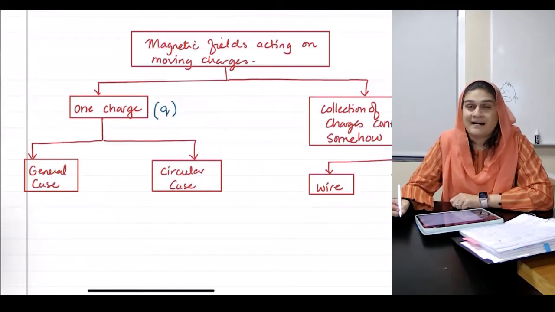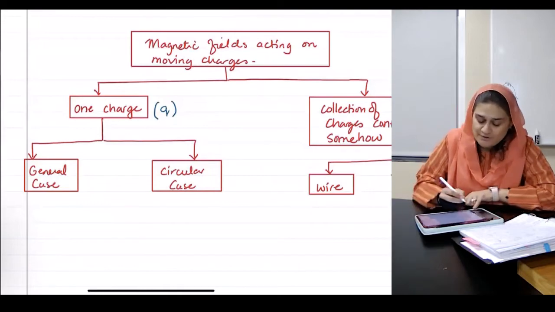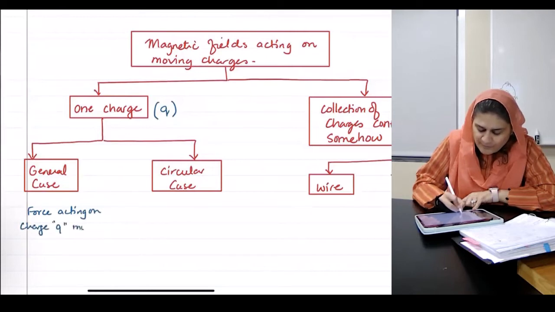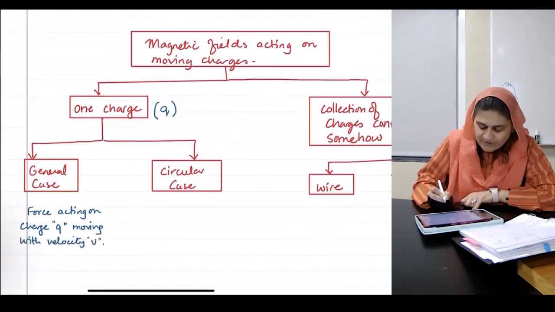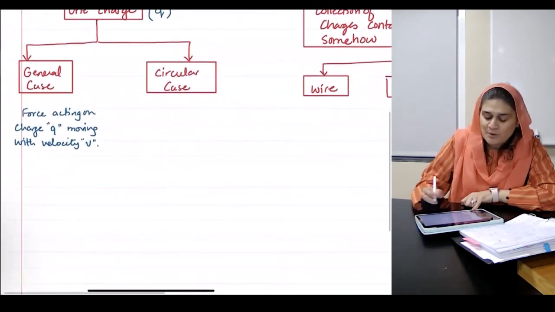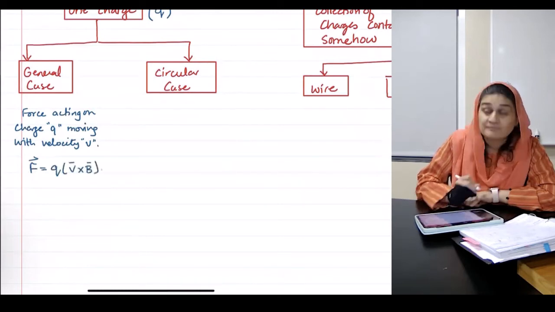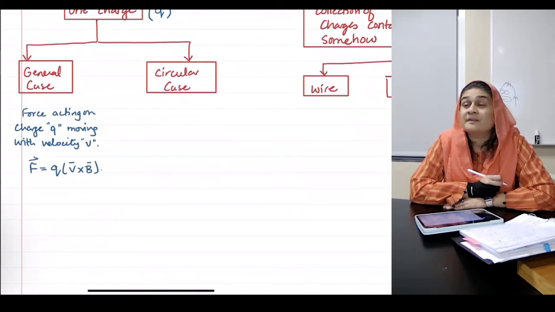The force acting on that charge moving with velocity v, from intro 1, what do we know? F equals QV cross B, if the charge is positive.